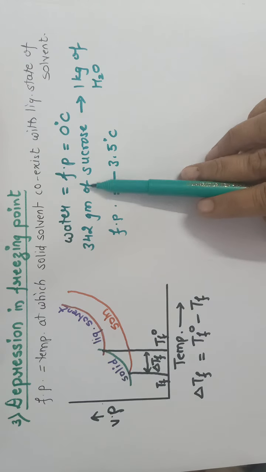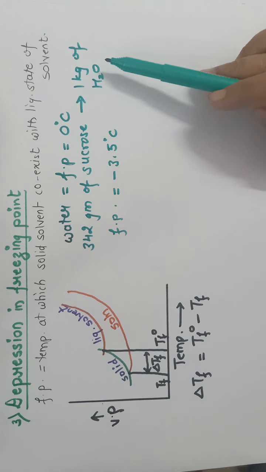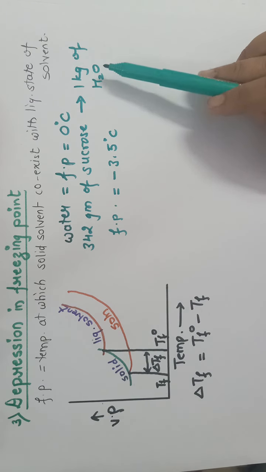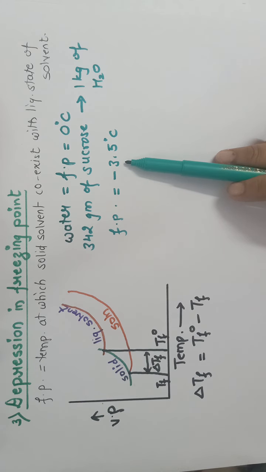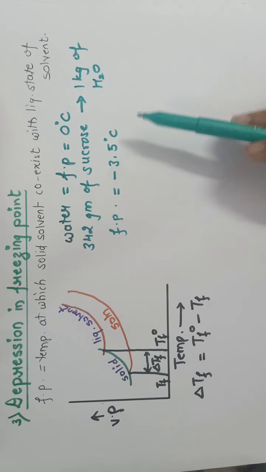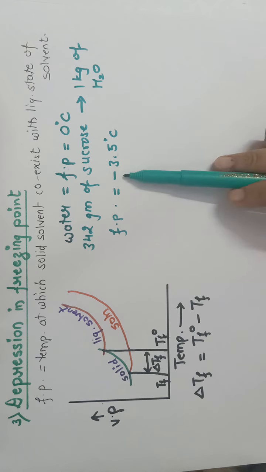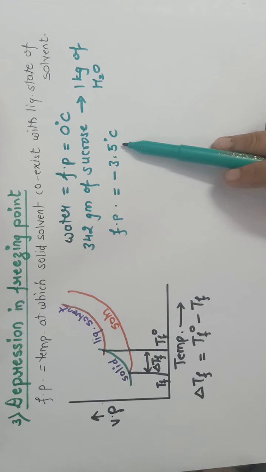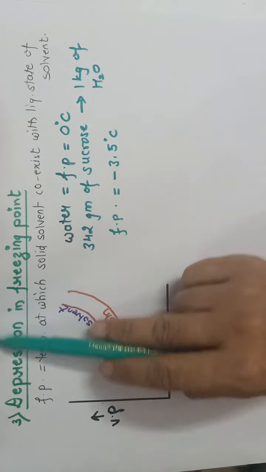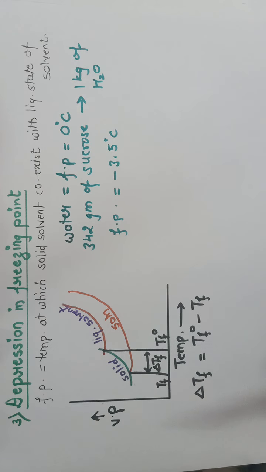That means when sucrose as a non-volatile solute is added to the solvent, the freezing point will be decreased by 3.5 degrees Celsius. The water will not freeze until the temperature goes to minus 3.5 degrees Celsius. This is the meaning of depression in freezing point.